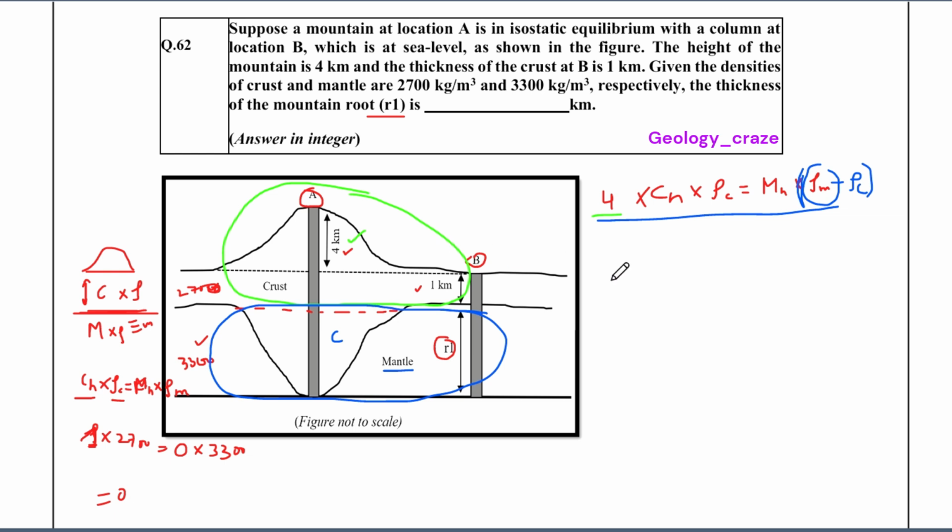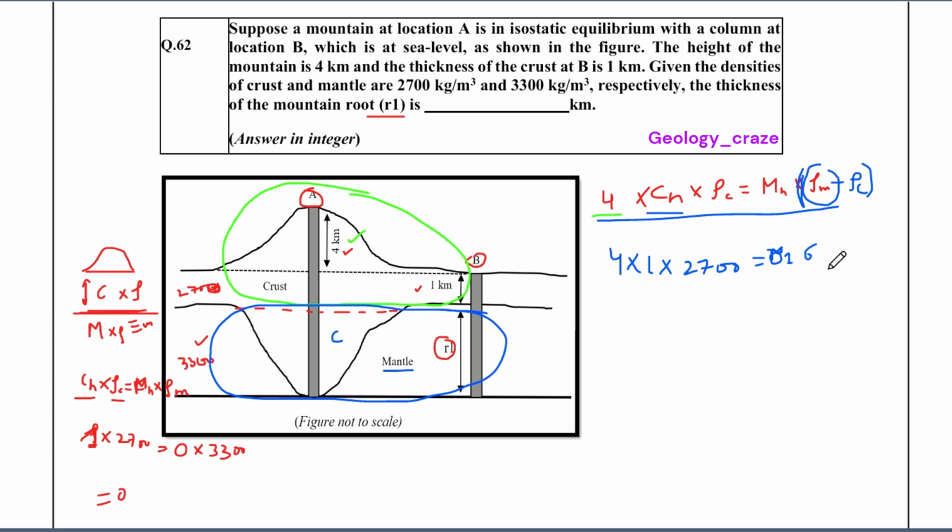So now 4 into what is the thickness of the crust? It is 1 kilometer. What is the density of the crust? It is 2700. And what is the mantle height? We have to calculate that root zone, that is R1. And what is the difference between the two? 33 minus 27 is 6.